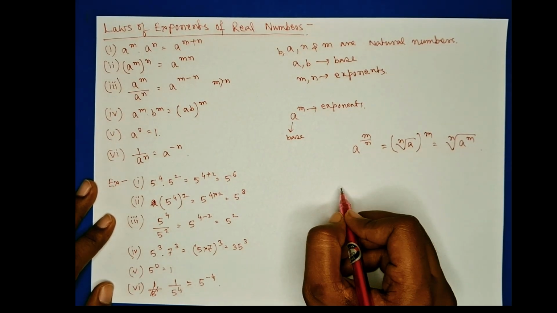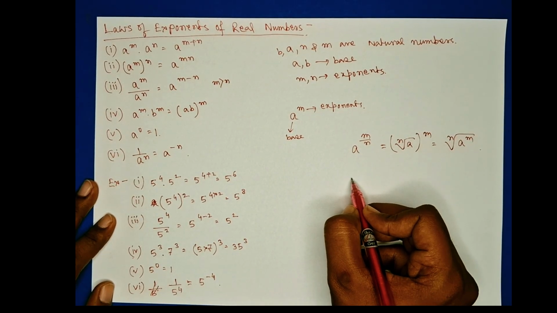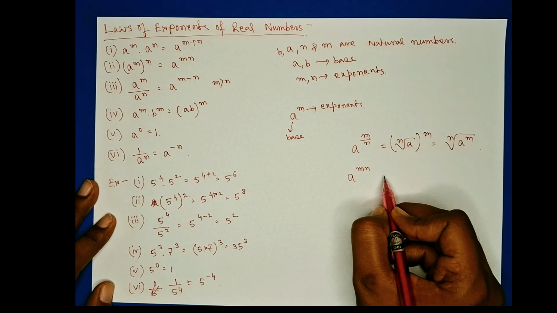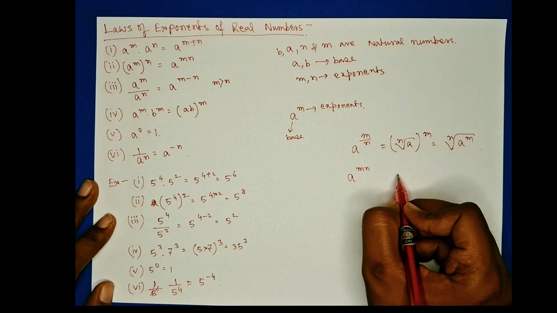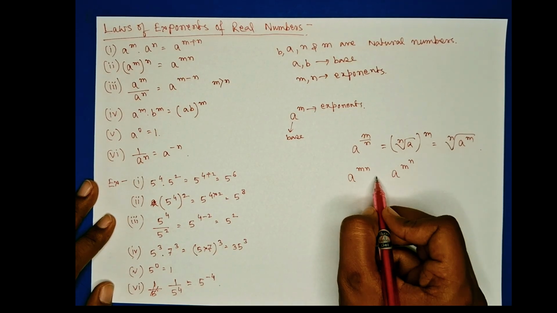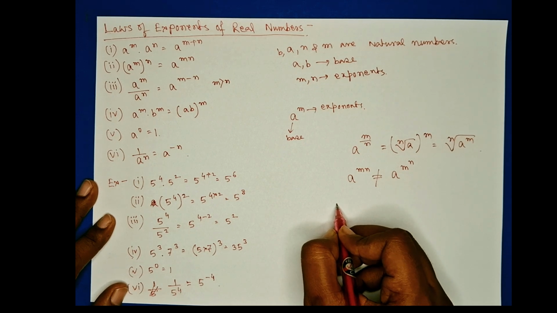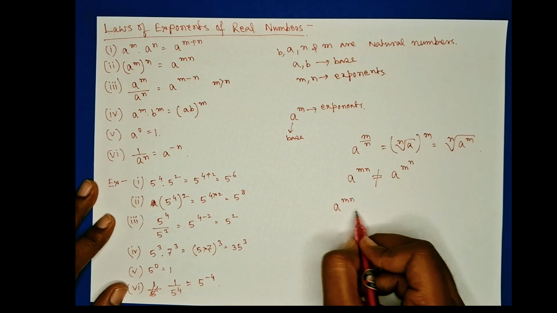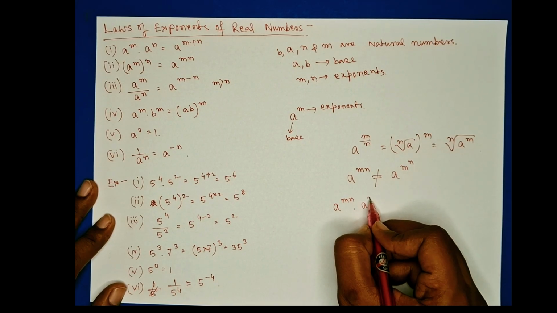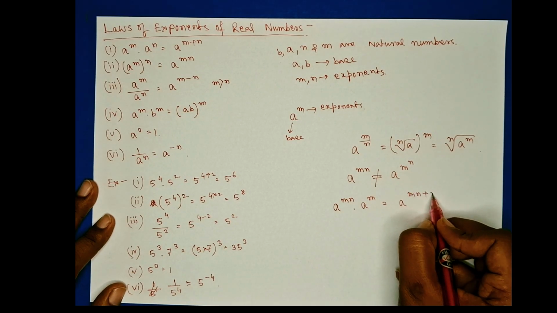And you have seen a to the power mn. Another thing I can also say: if I write a to the power mn and if I write a to the power m to the power n, are these two the same? No, these two are not the same. Remember it. Suppose I write a to the power mn into a to the power m, this will be equal to a to the power mn plus m.